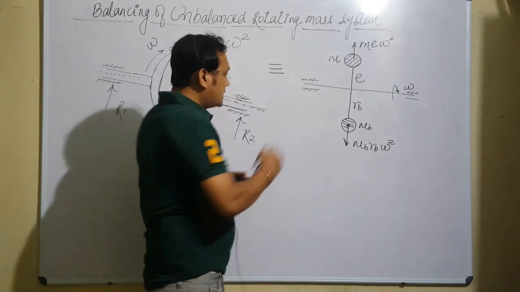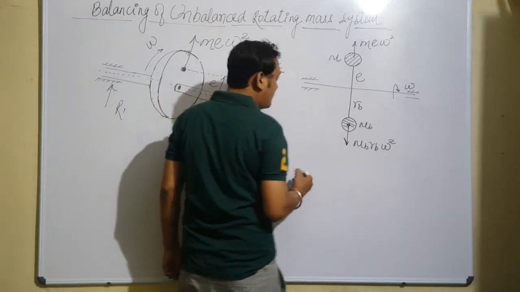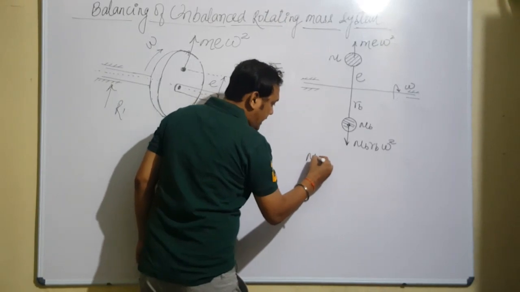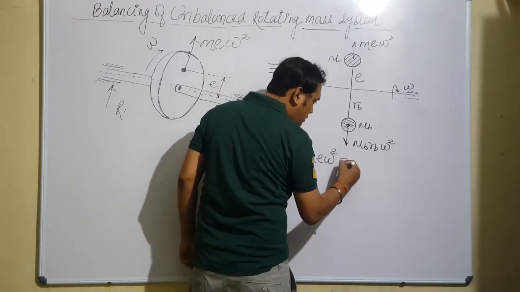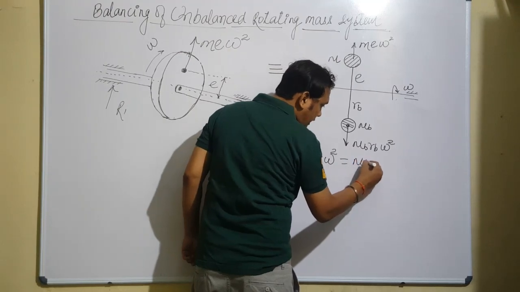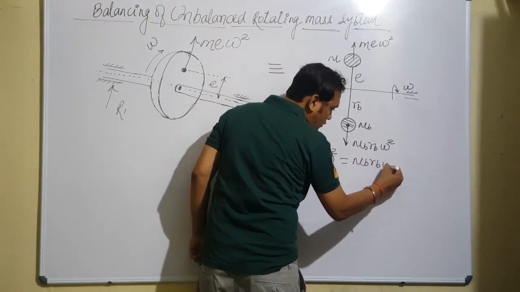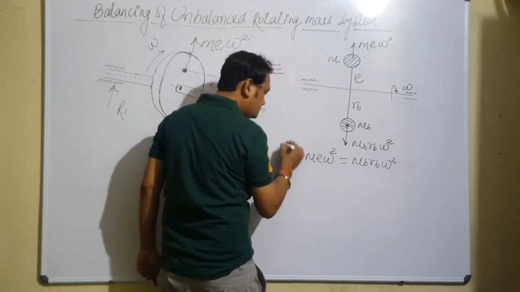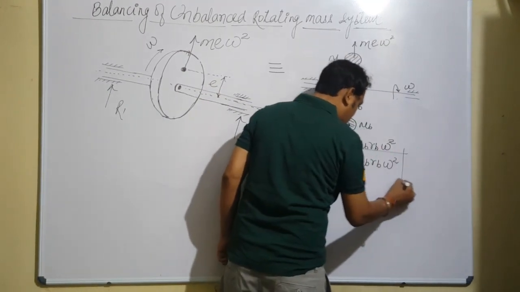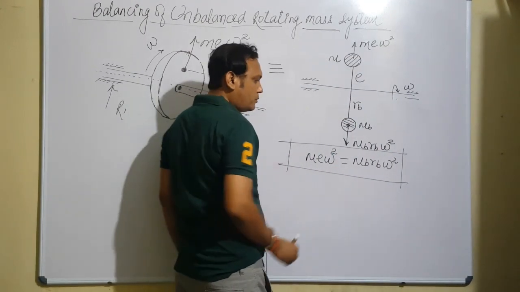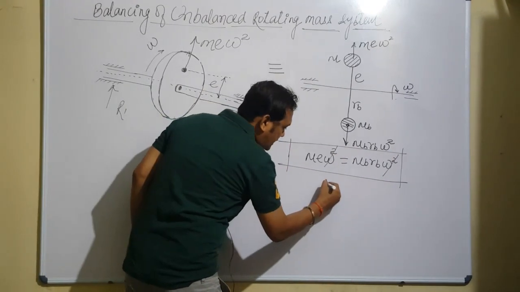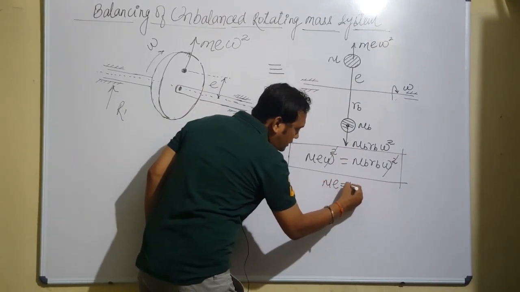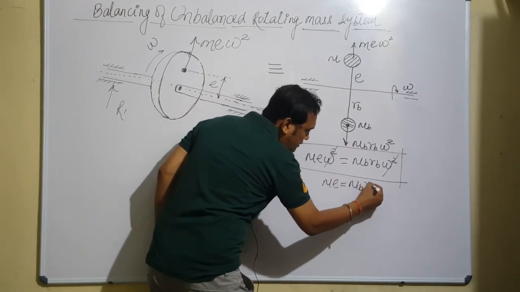Perfect. So the condition for balancing in this case will become: m e omega square, the centrifugal force, must be equal to mb rb omega square. We can cancel omega square out. So the condition becomes m into e equals mb rb.